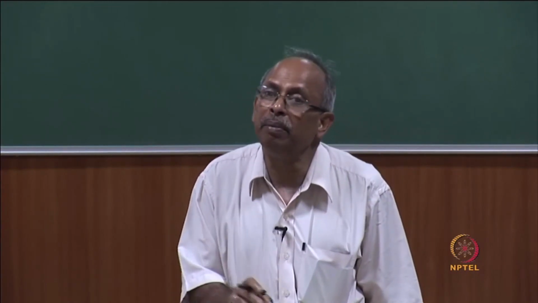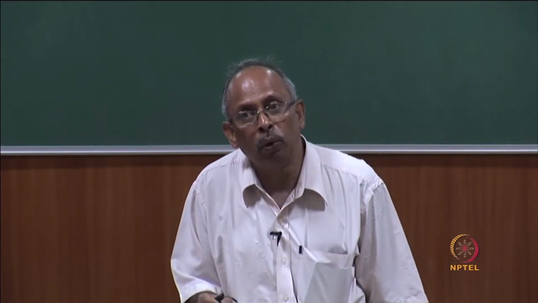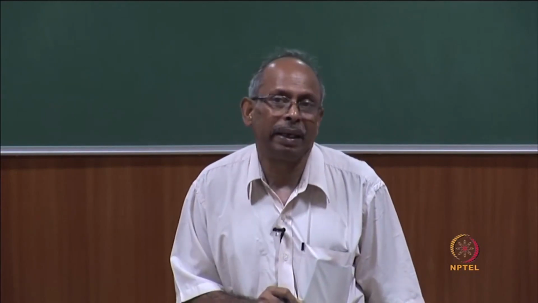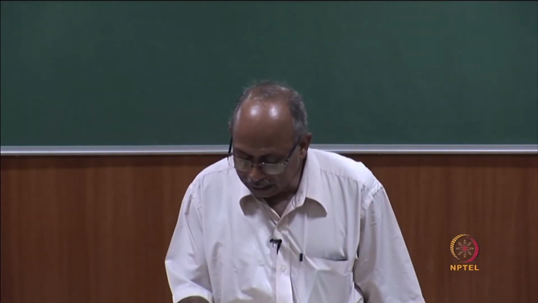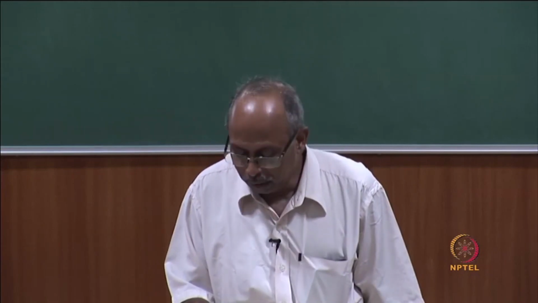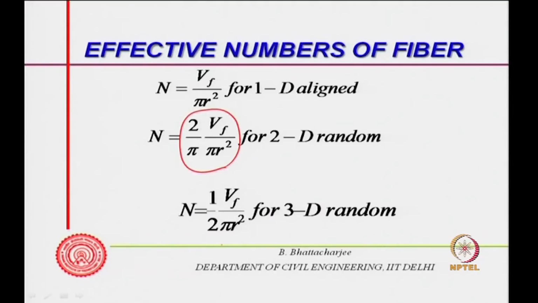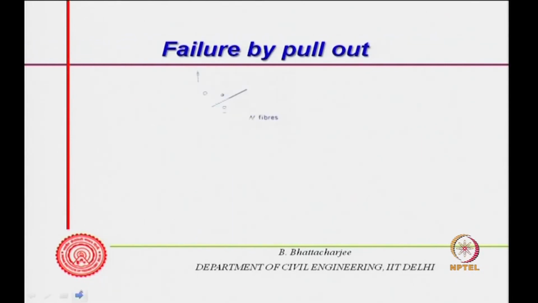We said the effective fiber which will be taking the load for calculating the crack width, but one can assume roughly the number of fibers will be half the number of fibers in 3D random. The number of fibers along the direction of the load is given by this effective number of fibers.